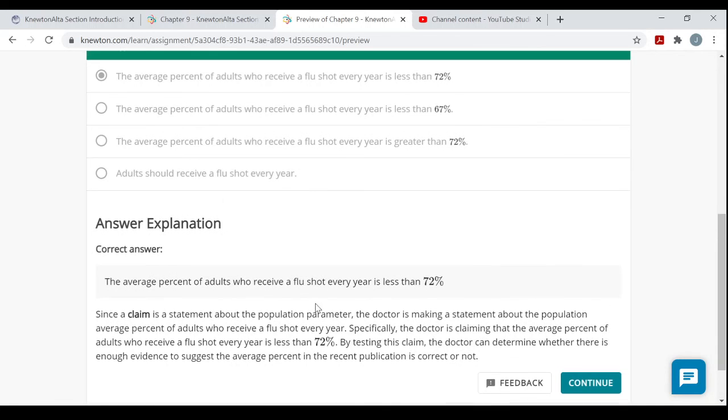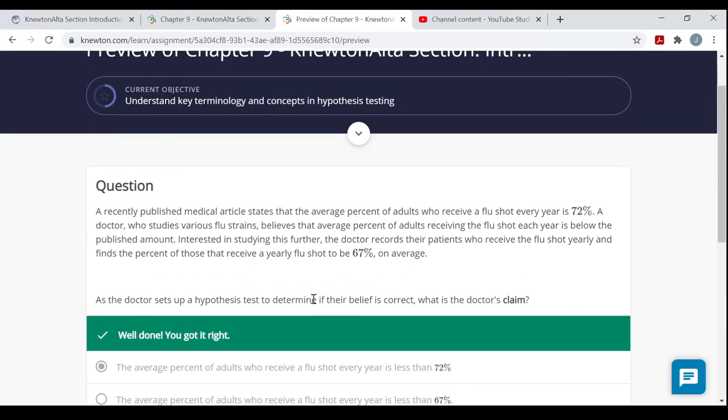I think most of the problems in this particular objective are about setting up, starting a hypothesis test. What's the claim? That's where a hypothesis test starts. It starts with a belief, a claim about the population that we wish to investigate, wish to test further.